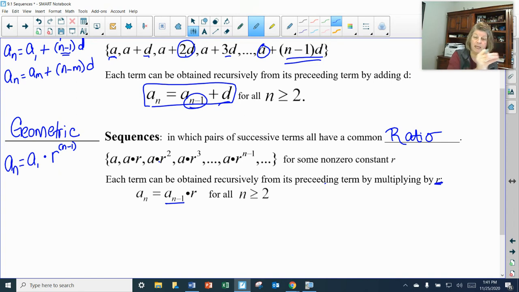And that'll multiply however many times we needed to get to that nth term. If it was 5, then I need to multiply by 4 r's to get over there. To get r, we can take an a sub n plus 1 divided by an a sub n, right? Take the term to the right, divide it by the term on the left, and that should get you your common r.